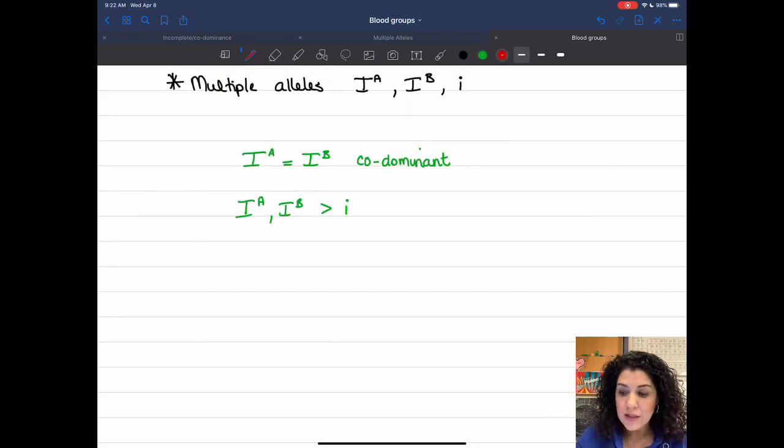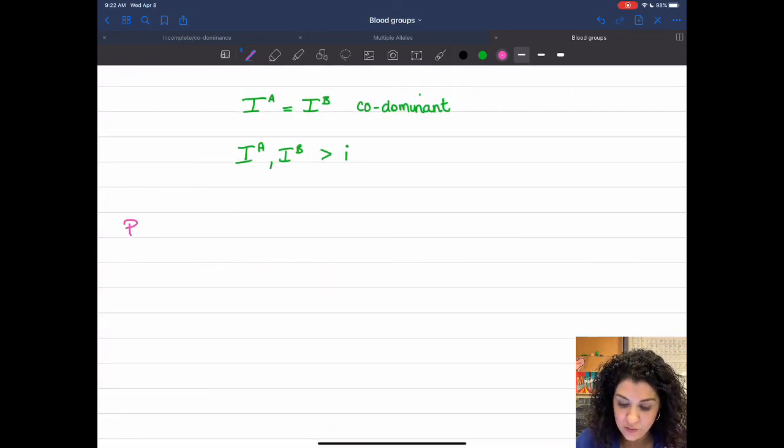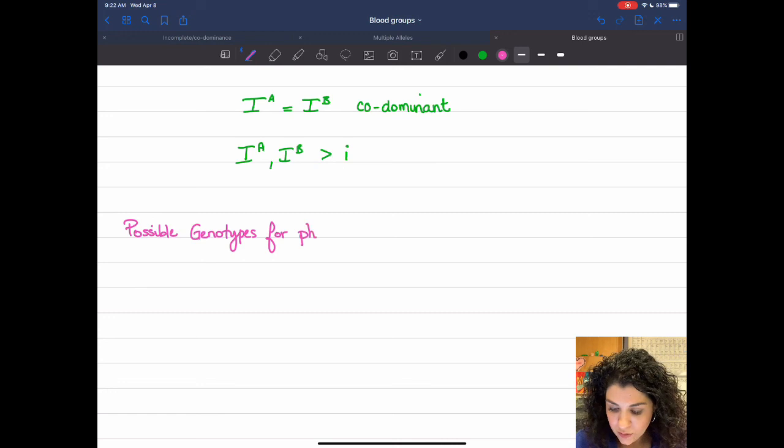So just like we did when we looked at multiple alleles, let's see what possible genotypes we can have for the different phenotypes.